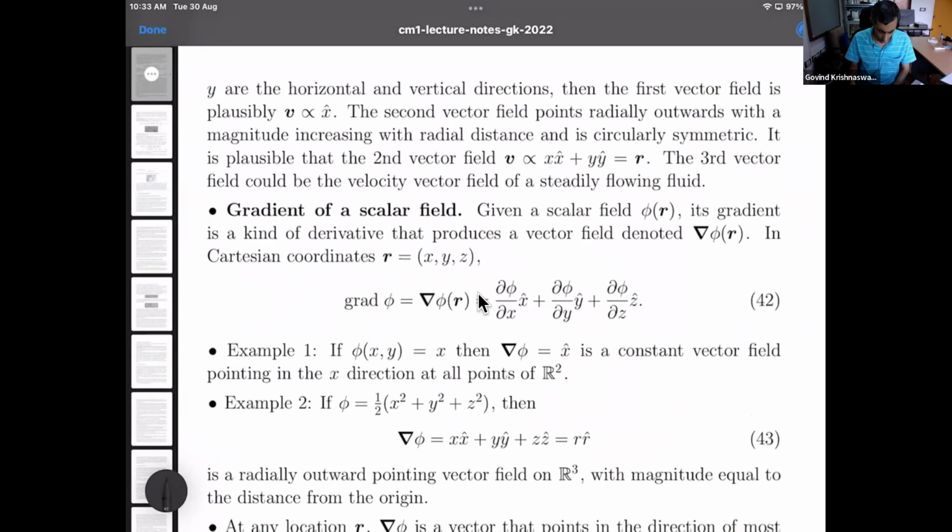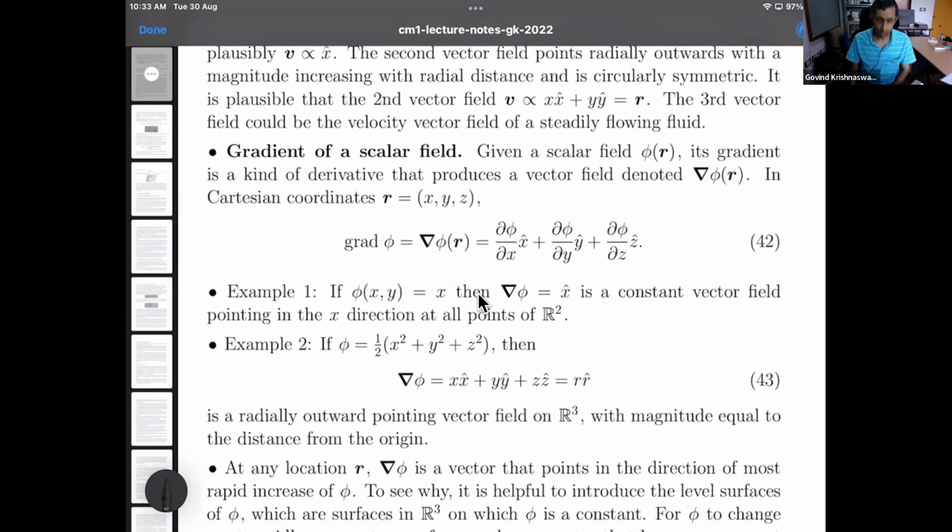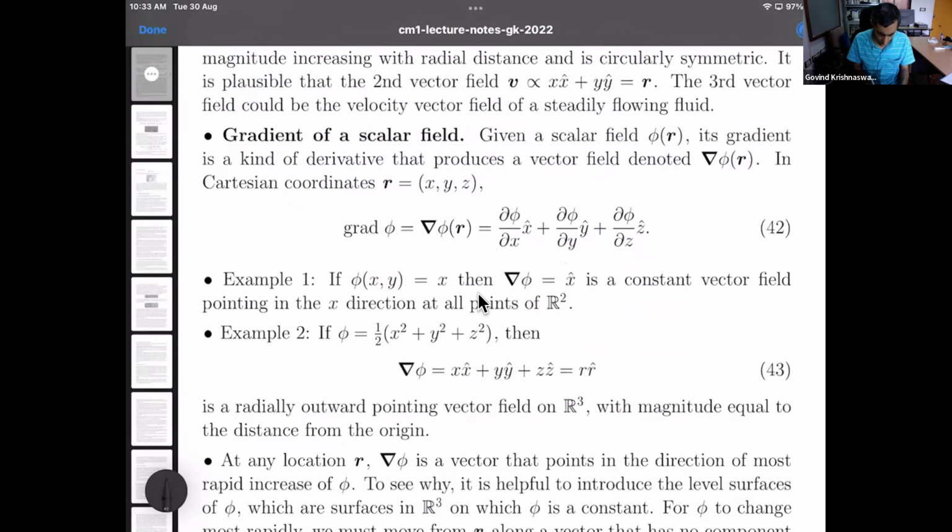Then we defined the gradient of a scalar field, which is a way of constructing a vector field given a scalar function. This was denoted nabla phi or grad phi, and in Cartesian variables it was just a vector whose components are the partial derivatives.